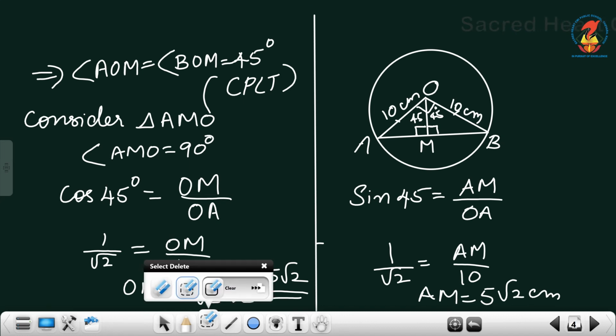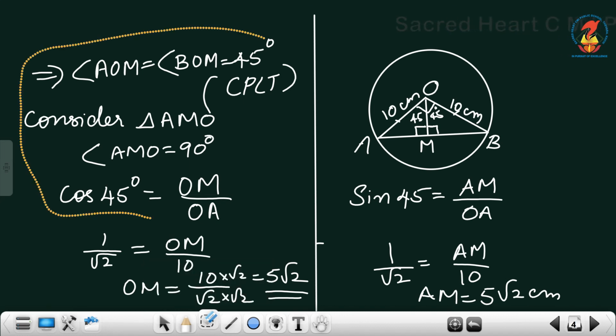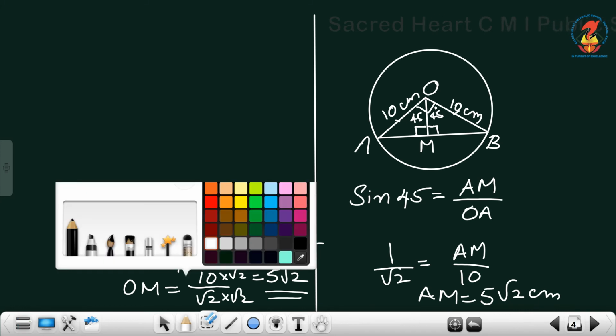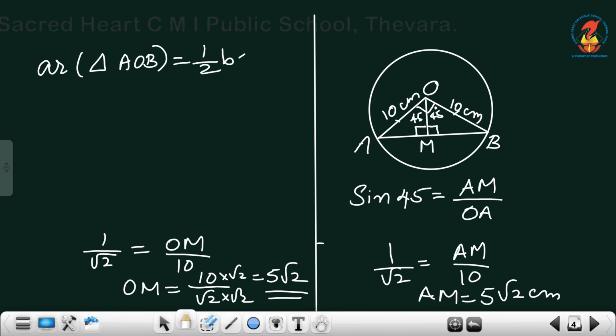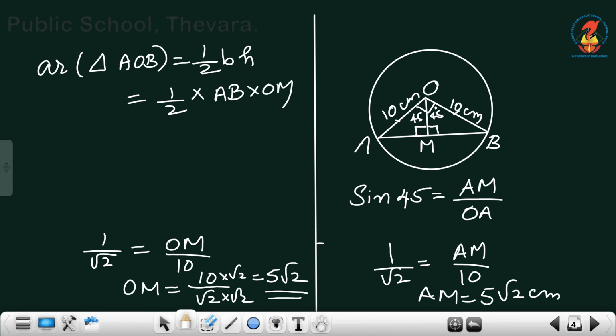So we got both these as 5 root 2. What we need is half base into height. That means area of triangle AOB is equal to half base height, which is equal to half into AB into OM. We got OM as 5 root 2.